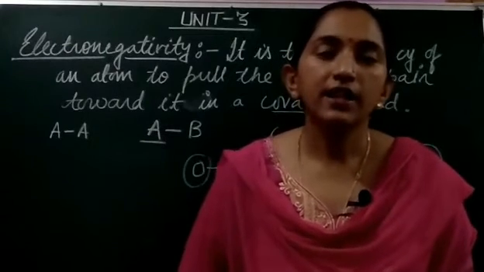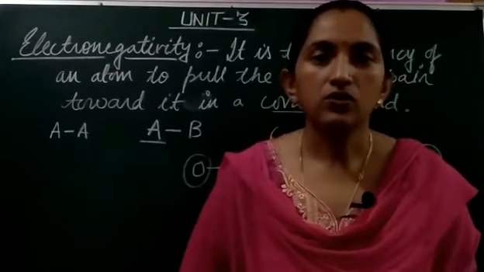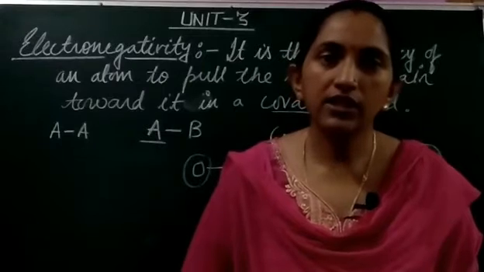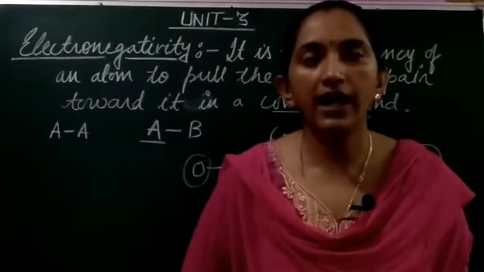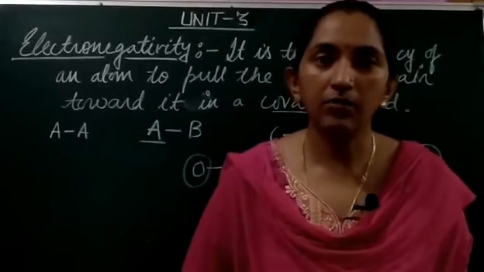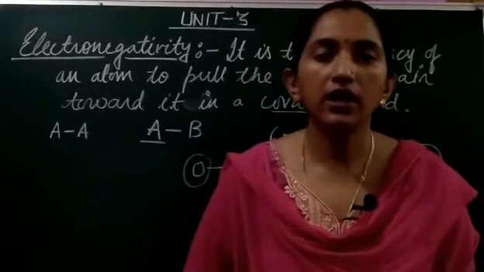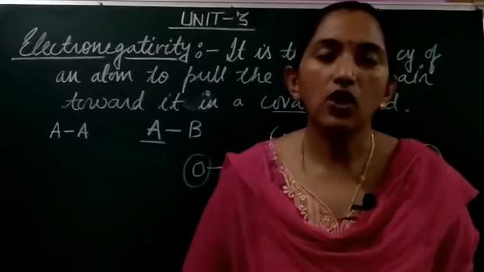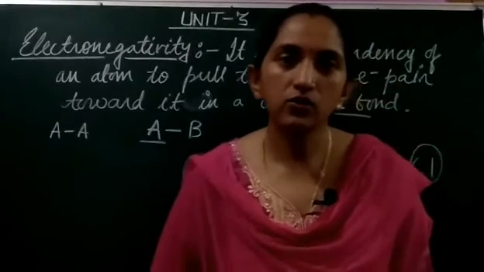So what I want to tell you here is that electronegativity is a relative term, right? Compared to the ionization enthalpy and the electron gain enthalpy, it has relative values, not absolute values. Right, students?